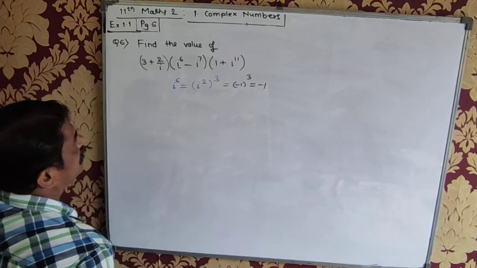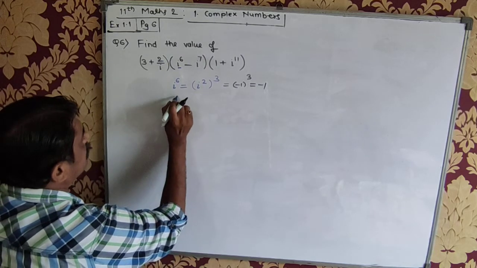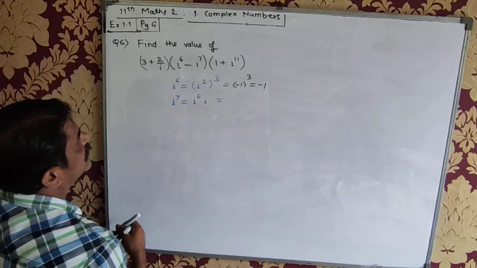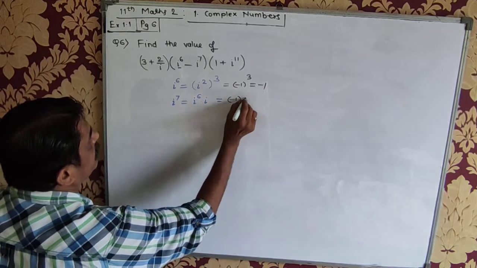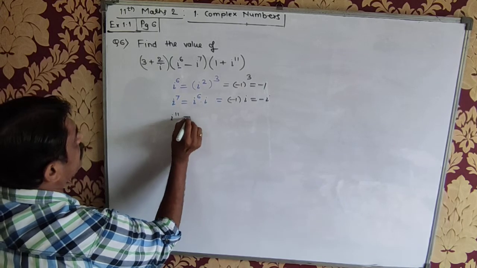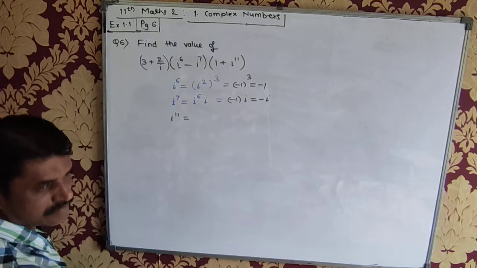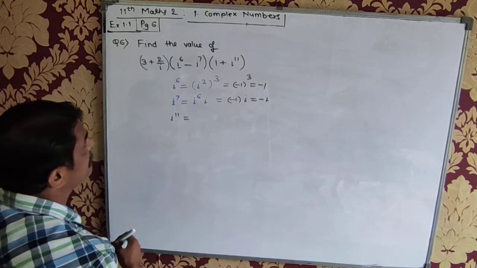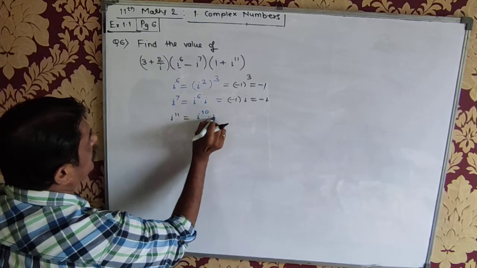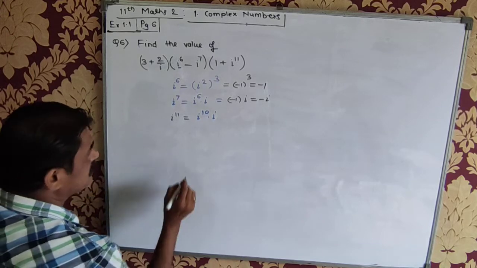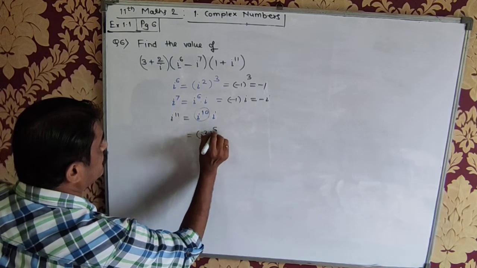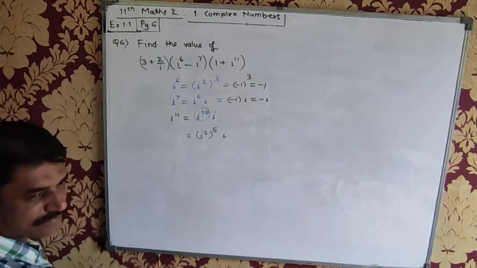How do I find out i raised to 7? i raised to 6 is minus 1, so minus 1 into i, that is minus i. What about i raised to 11? That is i raised to 10 into i. i raised to 10 is i square raised to 5 into i.